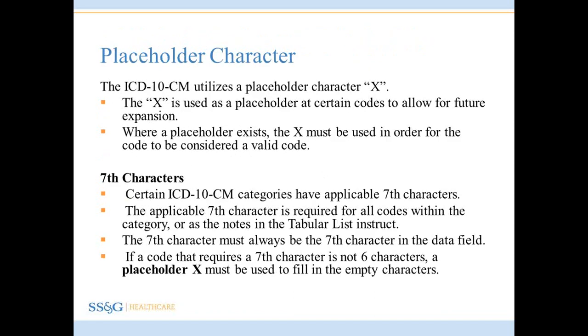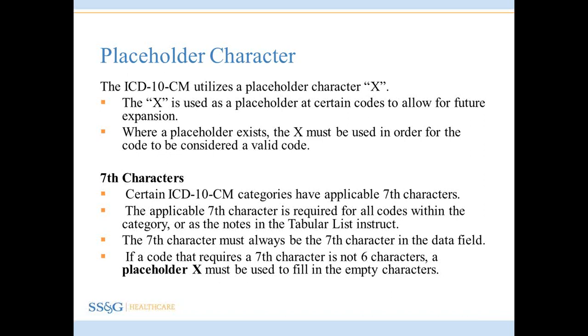So as I'm talking, this is still all in the front of the book. It gives little examples of what some of the newer things in ICD-10 are, and one of them is the X placeholder. The placeholder character utilizes the character X, and it is used as a placeholder at certain codes to allow for future expansion, as Erlene was saying earlier.